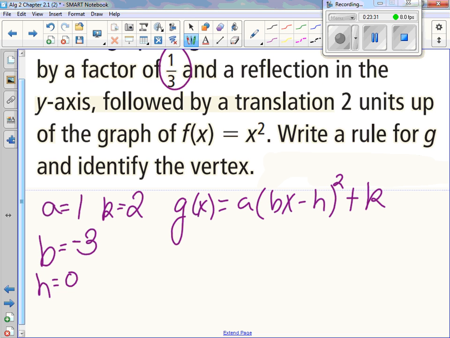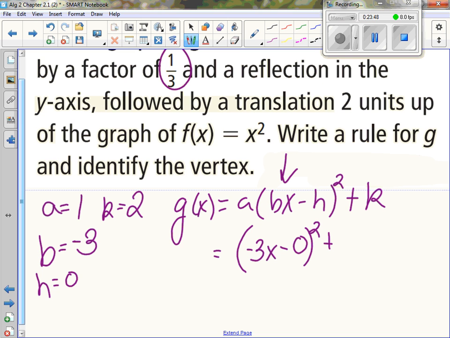And again, I'm pulling this equation back out because we're going to plug that value B in front of x. Now, A is 1, so we really don't do anything with it. B is negative 3, so we get negative 3x minus 0, squared, plus 2.